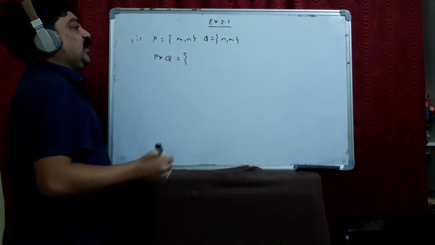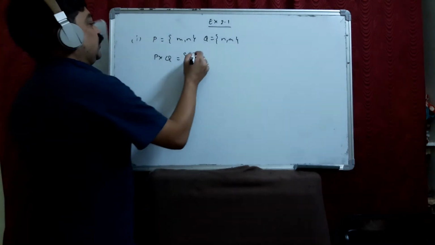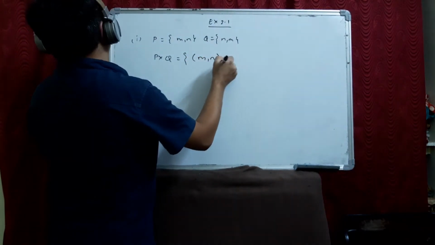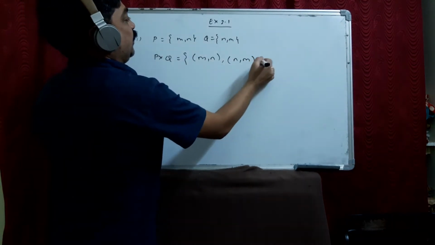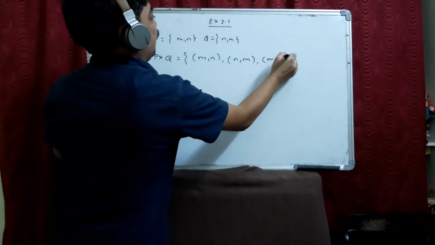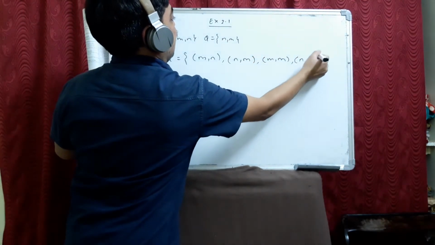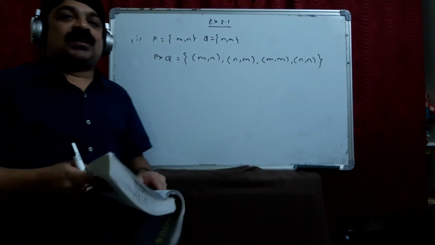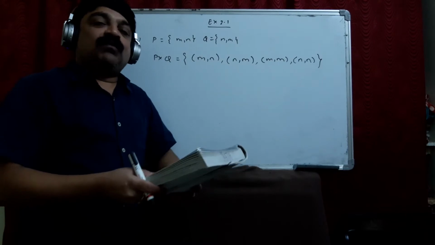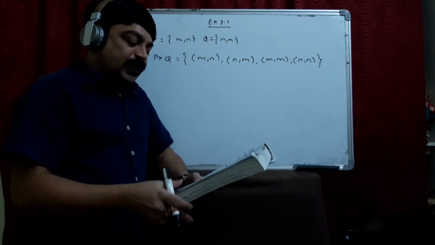It should be 4, but they have given only 2. What are they missing? (m, m) is missing and (n, n) is missing. So it is false and this is the correct one. It should contain 4 ordered pairs.